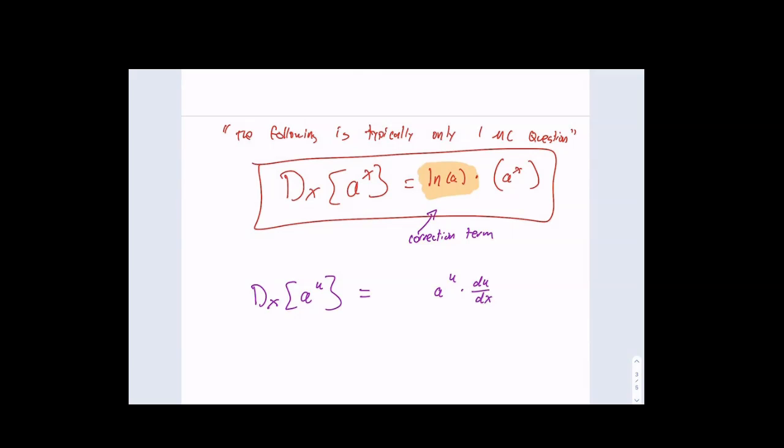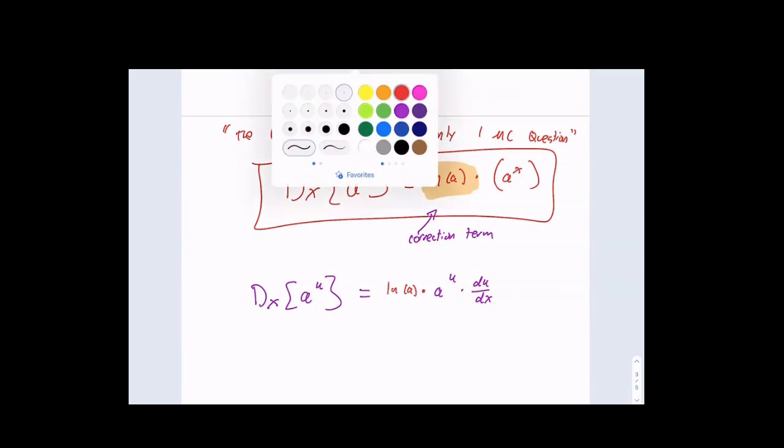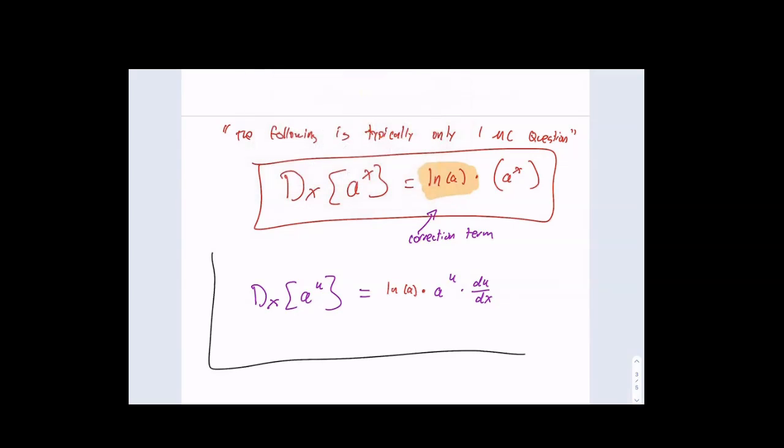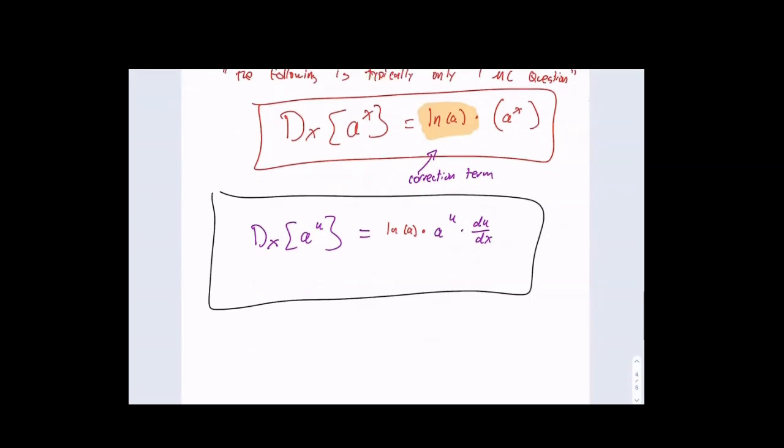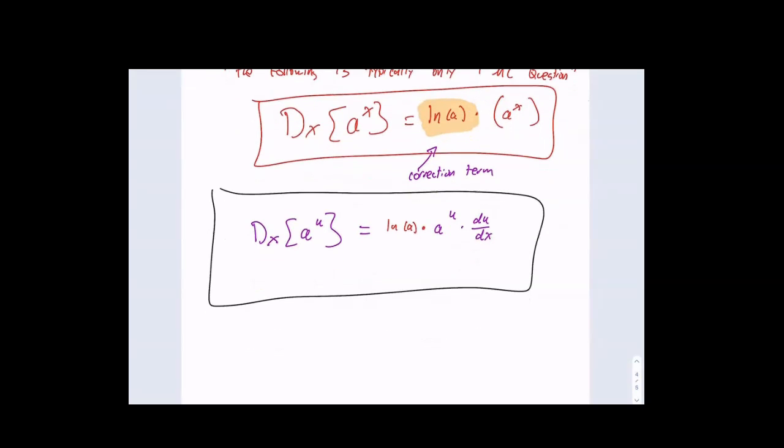But we have to have that correction. So if it's not e, all we have to do is slap on in front a natural log of a. It's the only difference, and that is the main rule. Typically, when I see these on the multiple choice, they're very simple. It doesn't go very much.